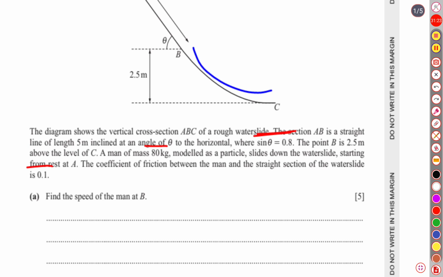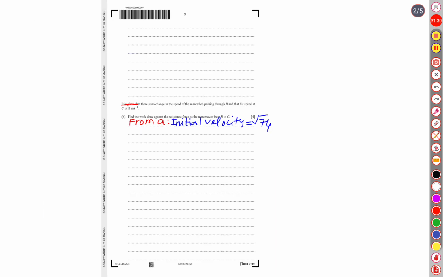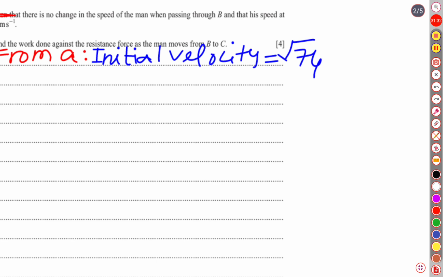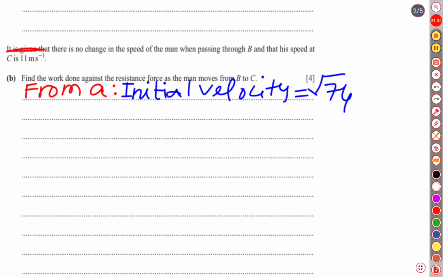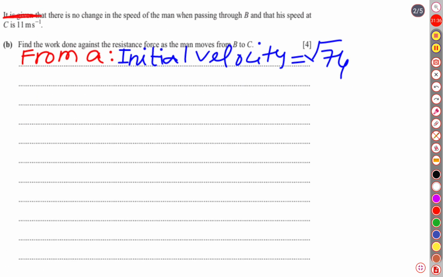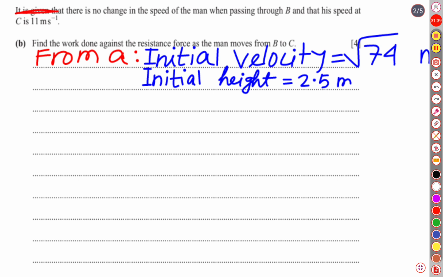For this portion the initial height is 2.5 meter, final height is 0. These are the information we can extract from solution number A. When the person started from B, his velocity was square root over 74 meter per second, and initially he was 2.5 meter high.